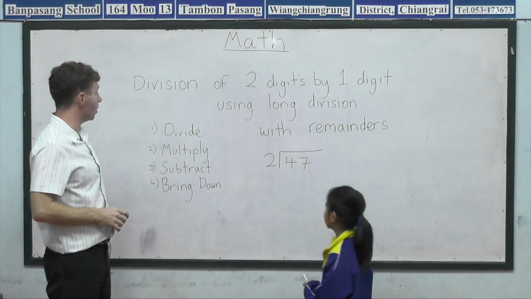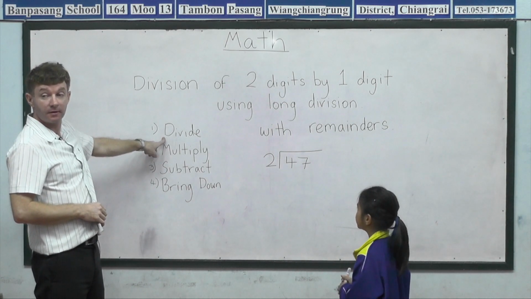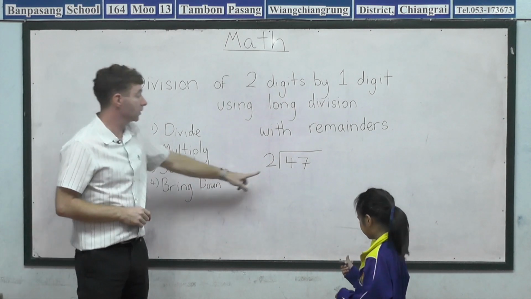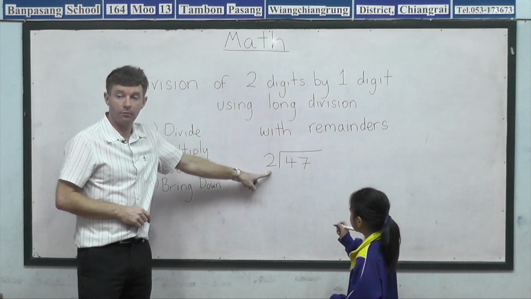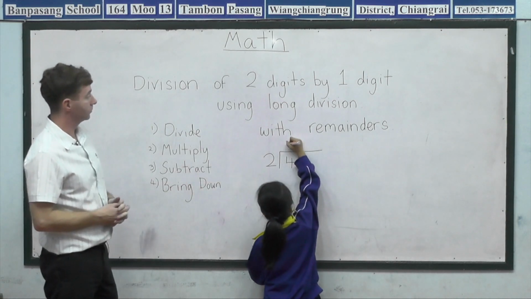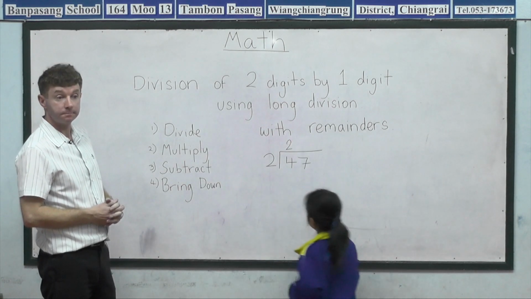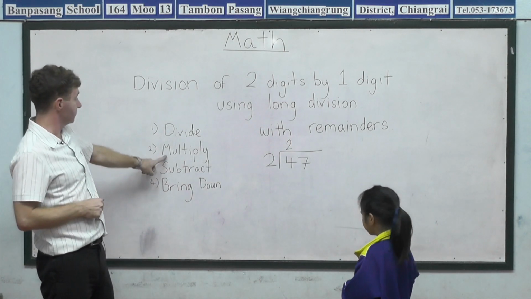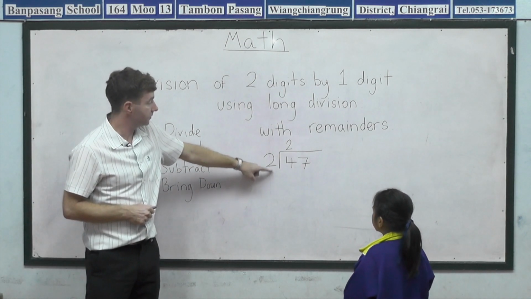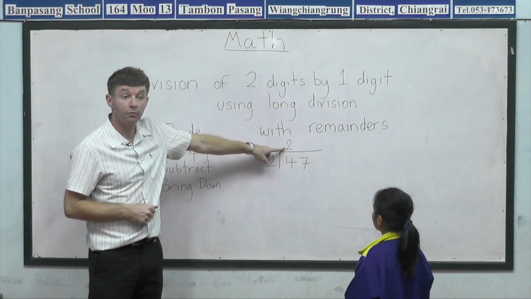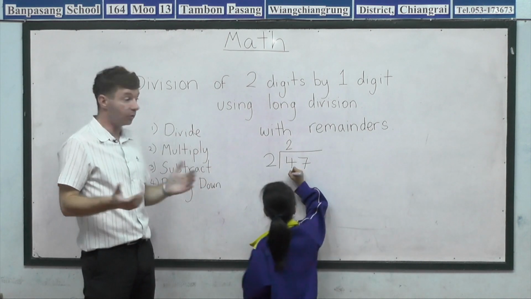So step number 1, divide. 4 divided by 2 equals 2. Step number 2, multiply. 2 times 2 equals 4.